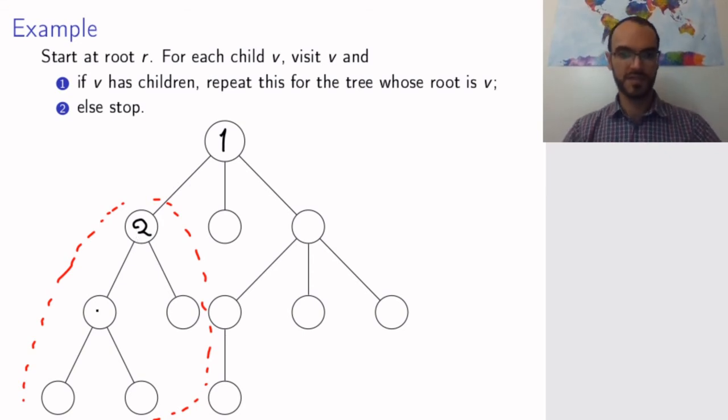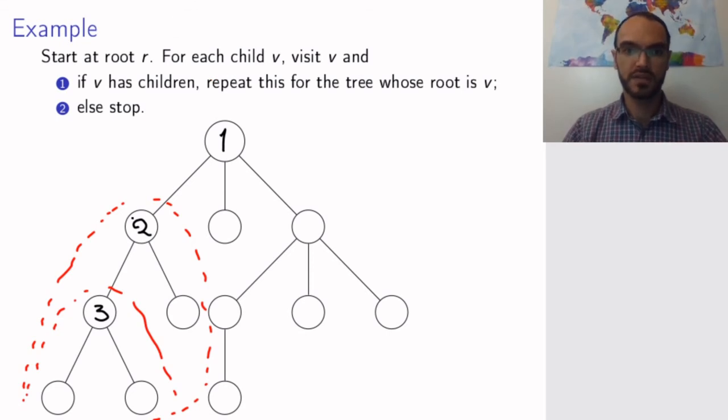For each child, you visit the child, and you look at the tree that this child creates. For each child, you visit the child. Now this child has no children, so we cannot continue, we stop.